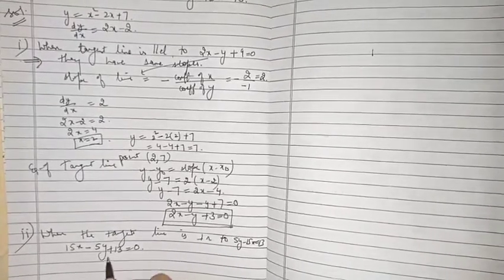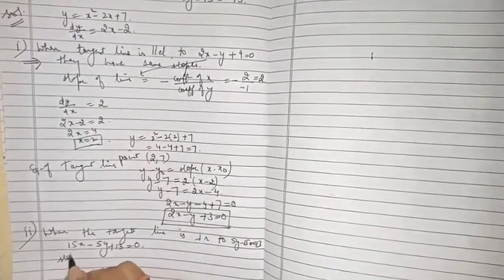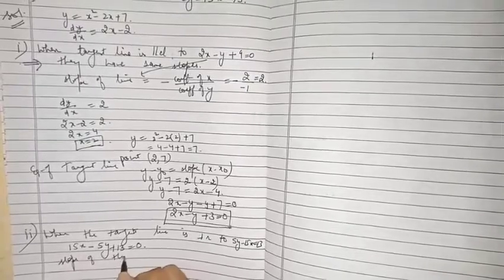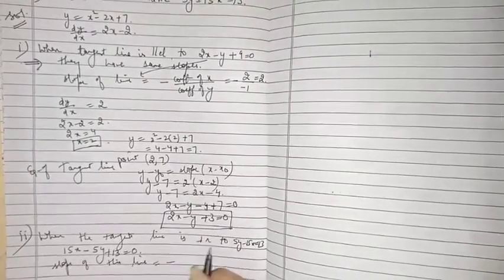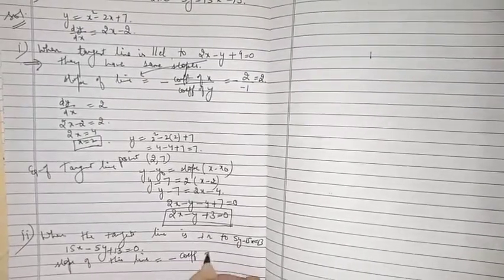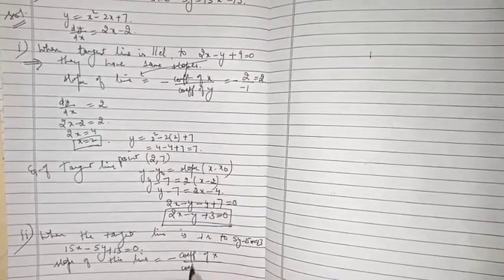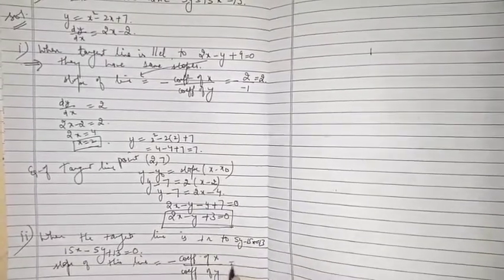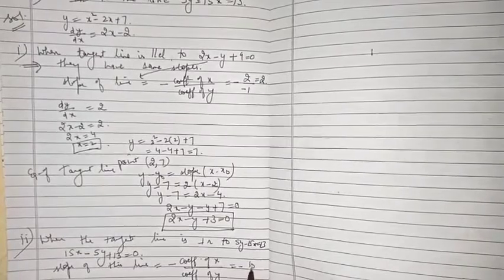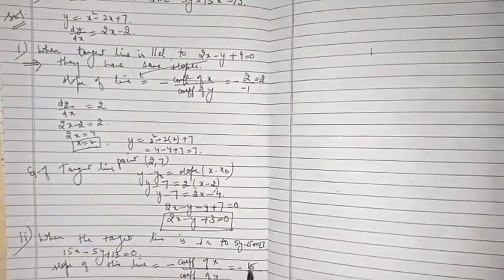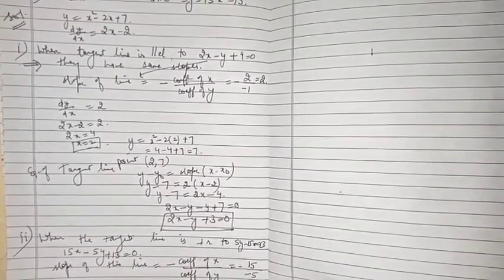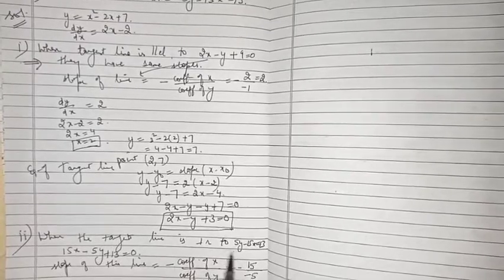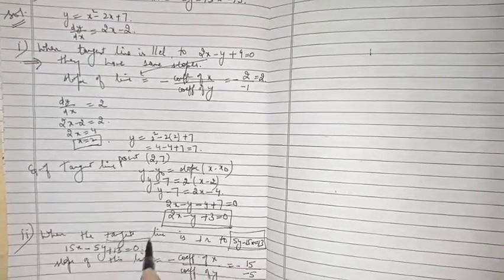Just find the slope of this line first. What is the slope of this line? Again the formula is the same, which is minus coefficient of x over coefficient of y. So it is minus 15 over minus 5, which is 3. This is the slope of this line. This line and the tangent line are perpendicular.